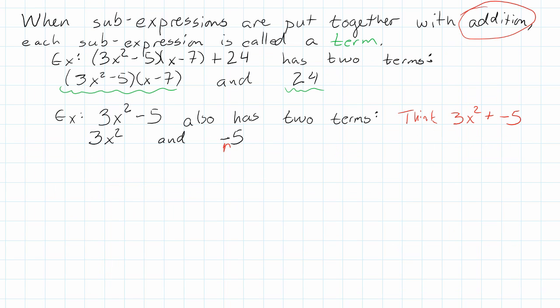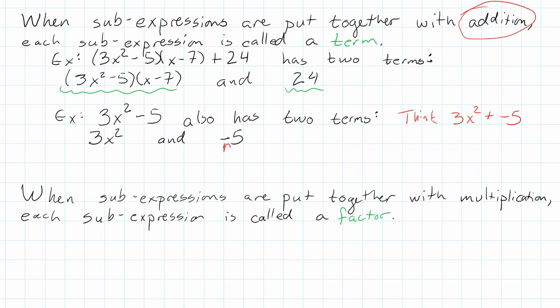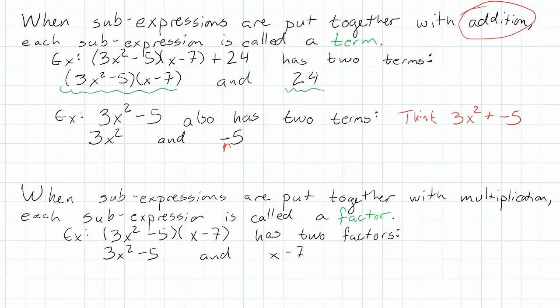Sub-expressions can be put together with addition. They can also be put together with multiplication. When sub-expressions are put together with multiplication, the sub-expressions themselves are called factors. So, for example, if we look at 3x squared minus 5 times x minus 7, this has two factors, namely 3x squared minus 5 and x minus 7.